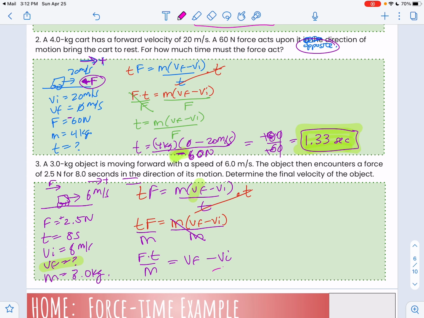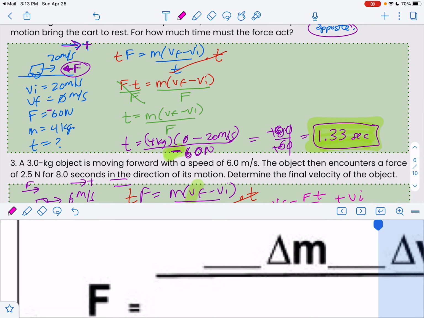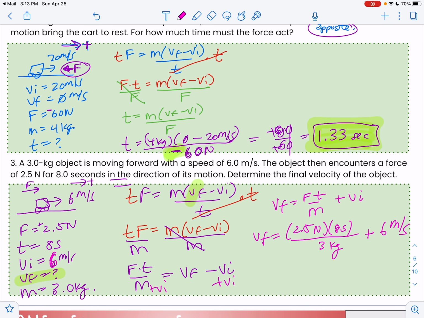If I add Vi to both sides, I end up with Vf equals F t over m plus Vi. Then I can just plug everything in, and everything's positive, so 2.5 newtons for 8 seconds, divided by 3 kilograms, plus 6 meters per second.